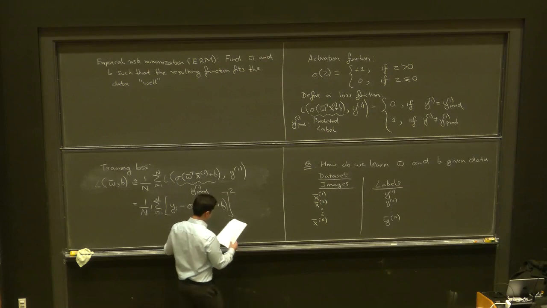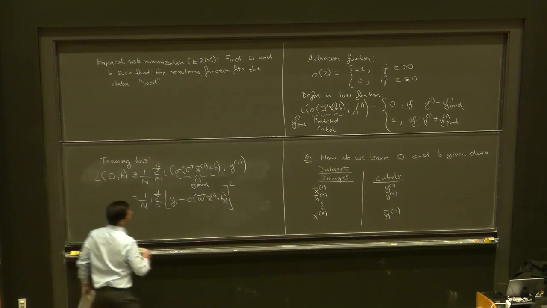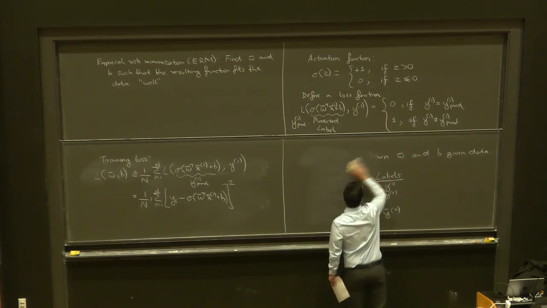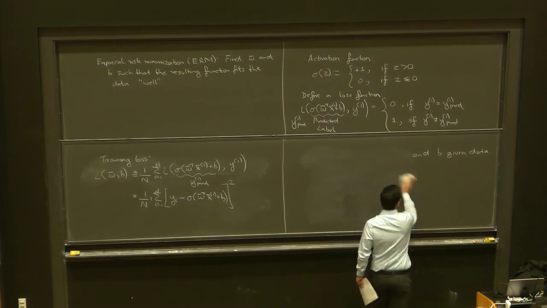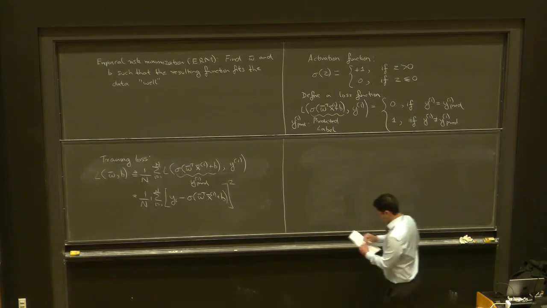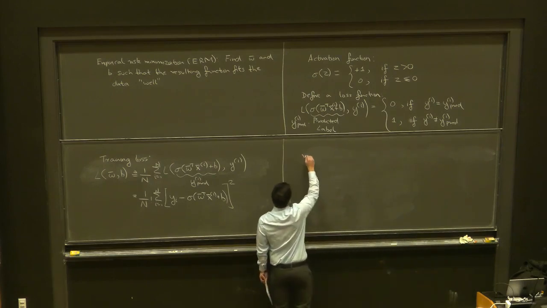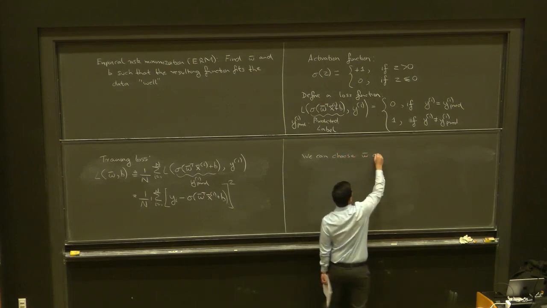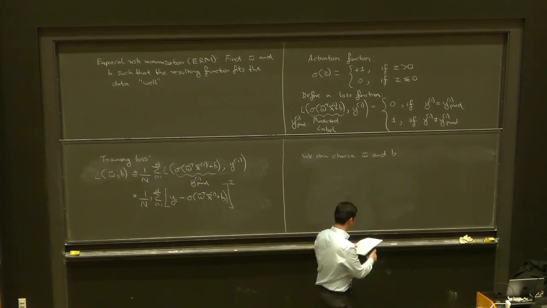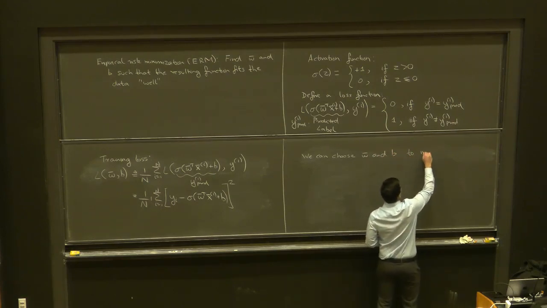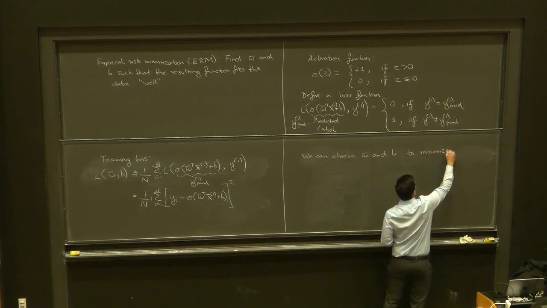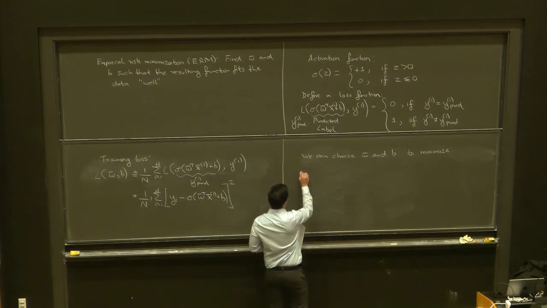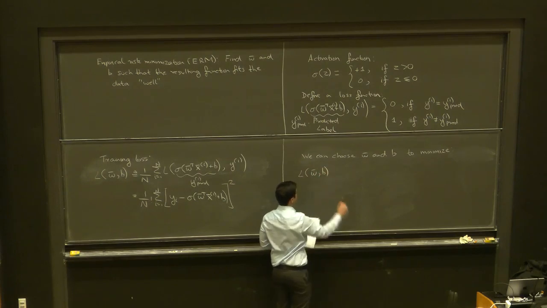Okay. All right, so what we're going to do then is choose W and B, the weights and bias, to minimize our training loss, like to fit our data as well as we can, so to minimize this loss function.